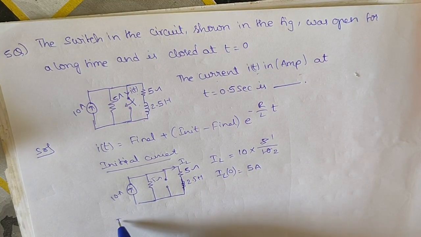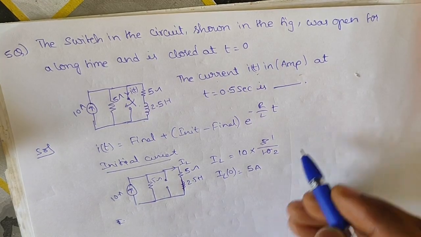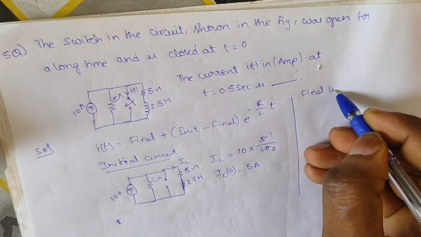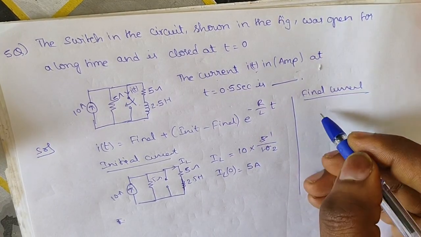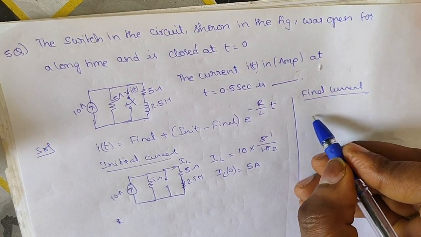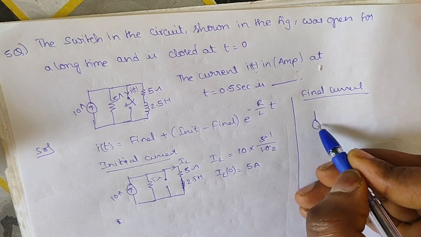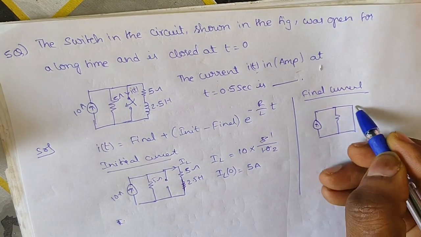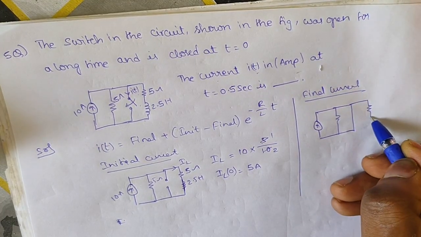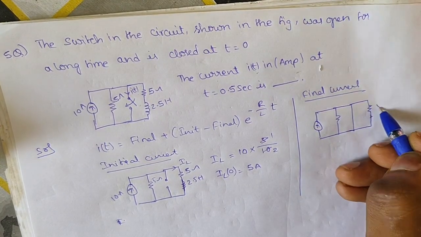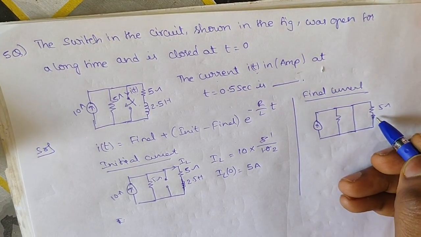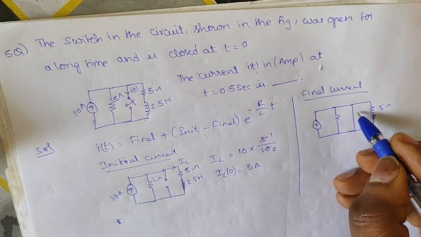Then the final current. We will redraw the circuit. It is short circuited as the switch is closed at t equal to 0.